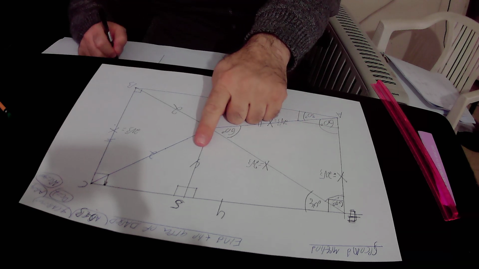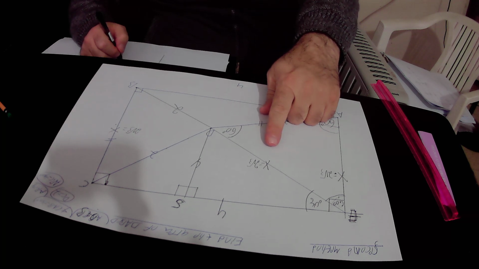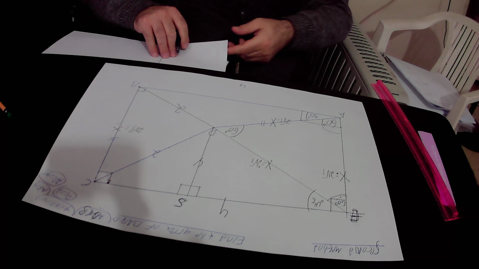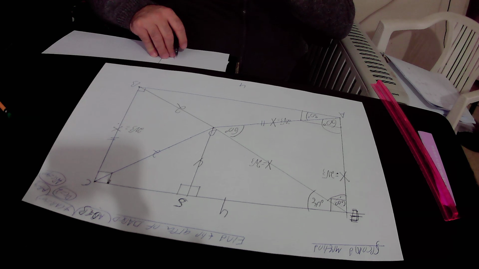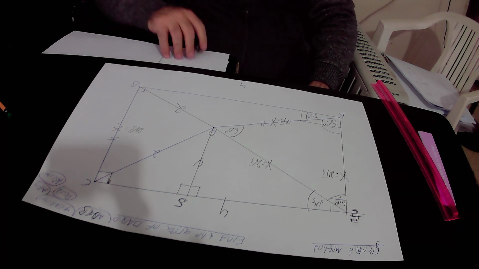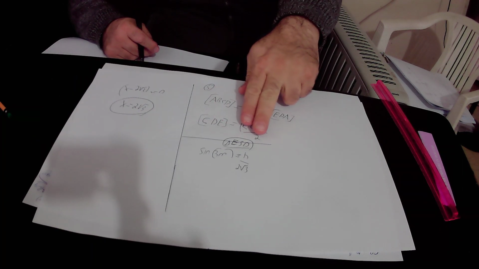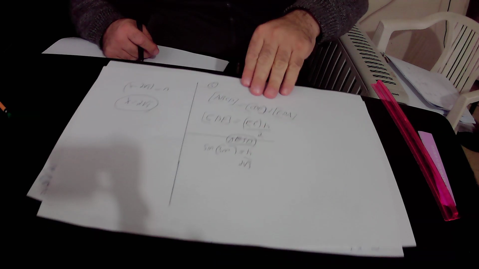equals h over dE, and dE is 2 times square root of 3 units. So in triangle ESD, I will repeat again, in triangle ESD we know that sine 30 degrees equals h over 2 times square root of 3 units.